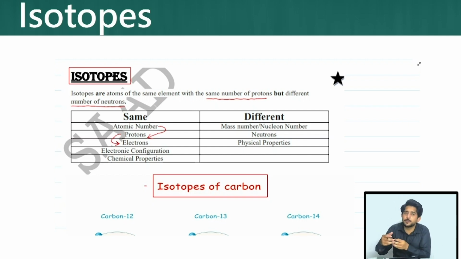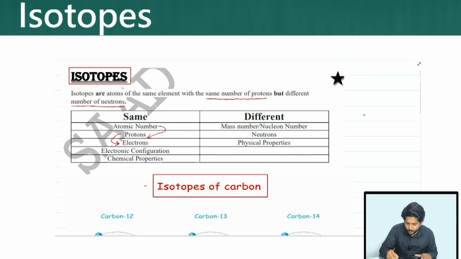So how can we distribute these electrons in different shells? 2 and 8, we will divide in different shells. If we have neon, neon has 10 electrons. So the electronic configuration is 2 and 8.